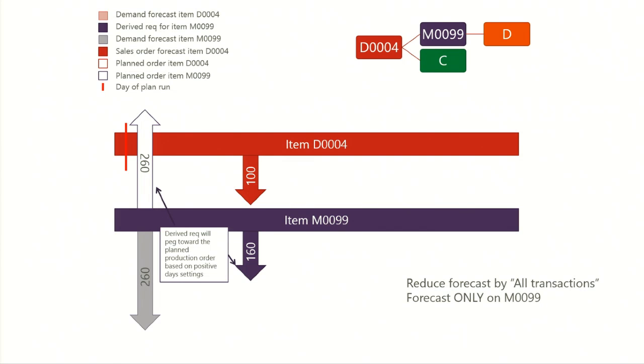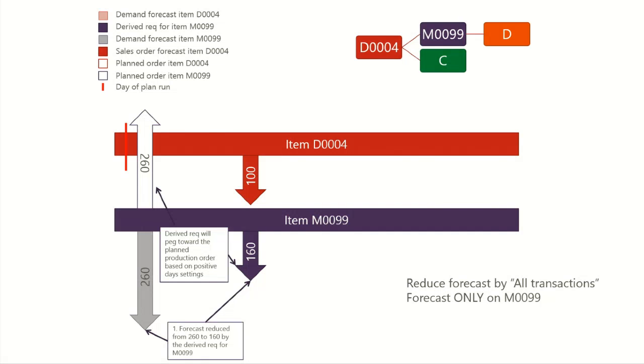This means that in this case, my forecast will be reduced by the derived requirement, and it's picked against each other. And also, you can see that the forecast is reduced from 260 to 160 caused by the production order.